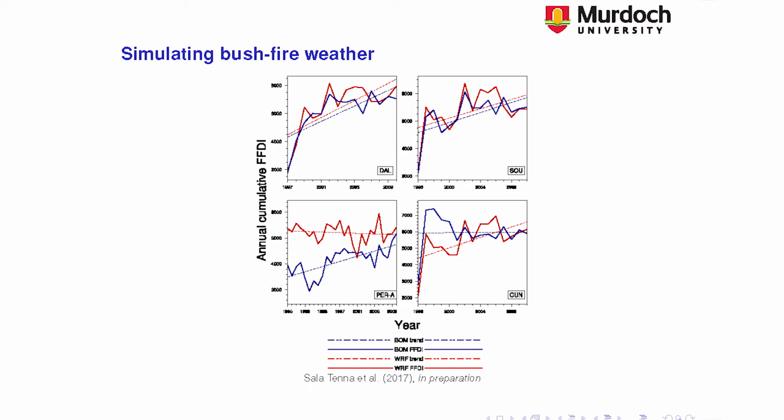So for the first 2 plots, you can see we're going in the same direction. We don't get things perfectly, but it's going in the right direction. In the bottom 2 plots, the model and the observations are going in different directions, right? So that's got something to do with how we represent urban land use in the model. So it's something we're trying to improve. But it's just showing an application.